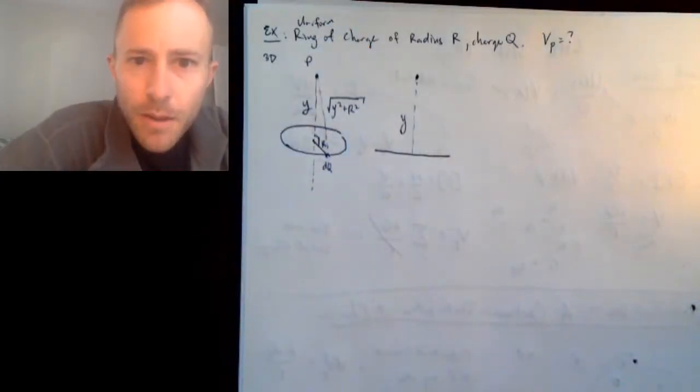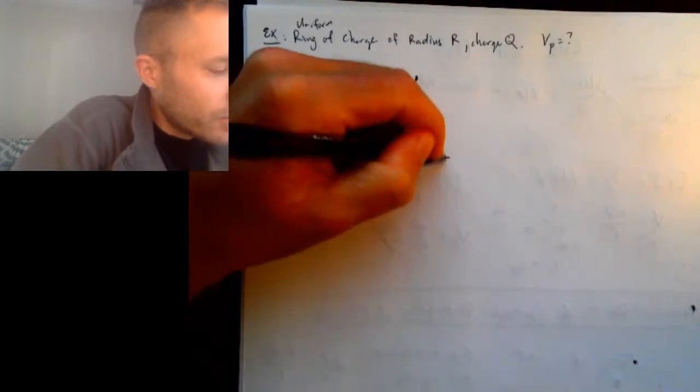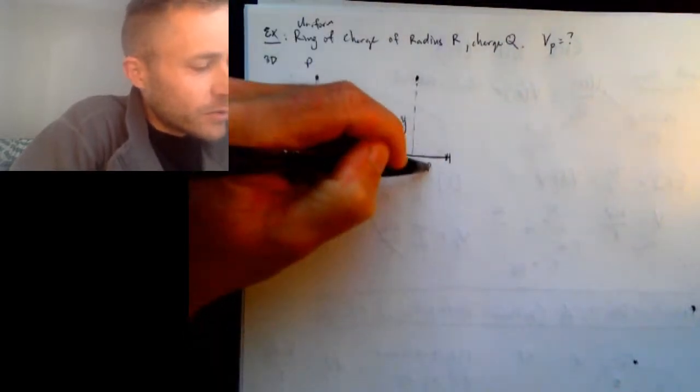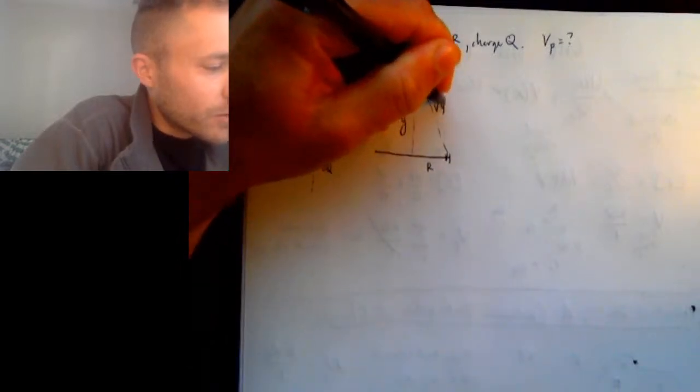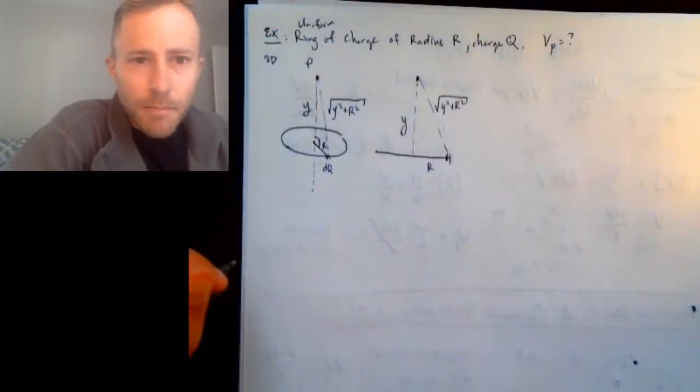Right? So here's our little bit of charge. The radius is r. This distance by the Pythagorean theorem is the square root of y squared plus r squared.